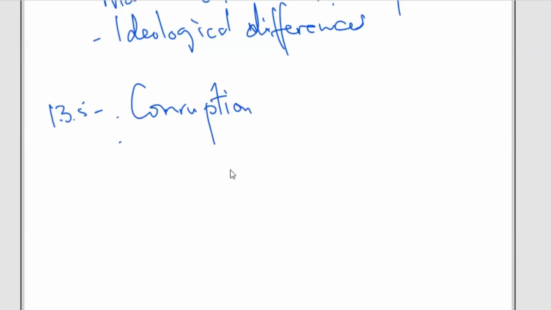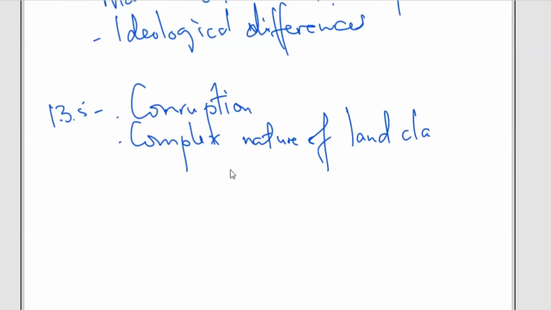And you can also talk of the complex nature of land claims. Establishing the rightful owner sometimes is very difficult because we are talking of apartheid here.